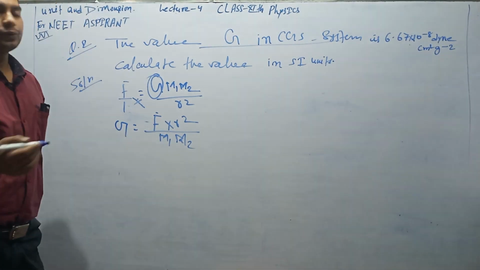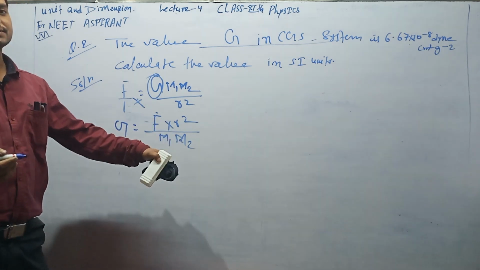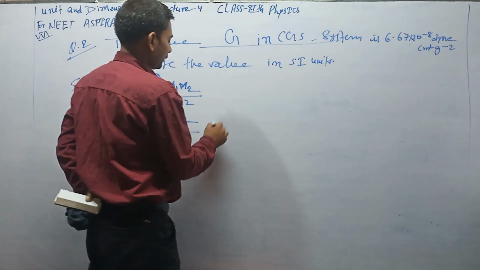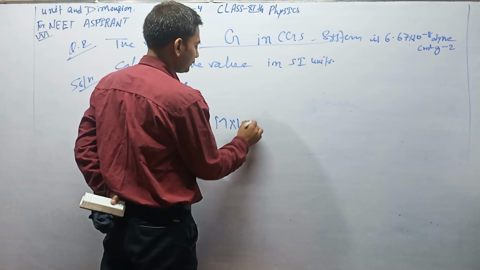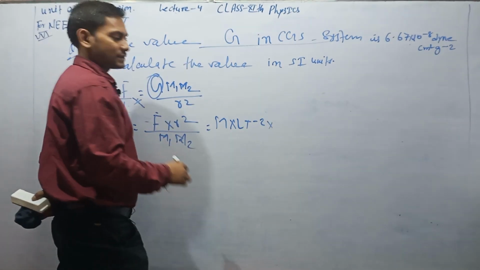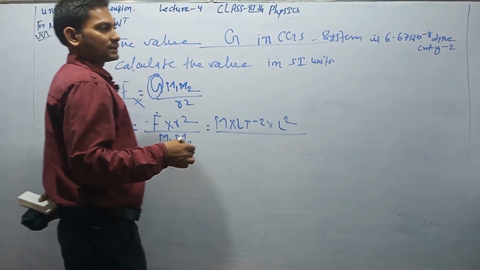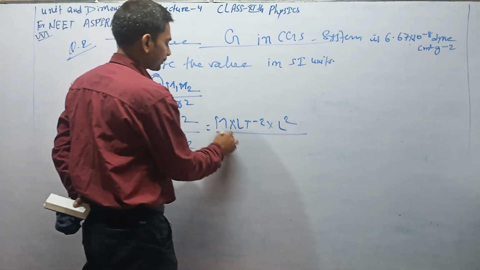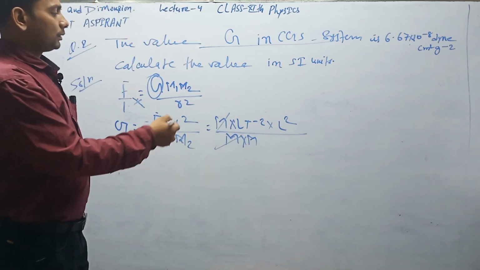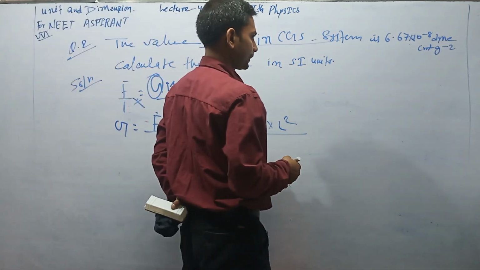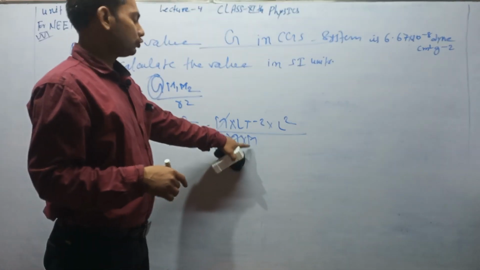Put the dimensional formulas of force, distance and mass: force is mass into acceleration, M L T minus 2, into distance length square, upon mass M into M. M cancels out, and I get M in the denominator.